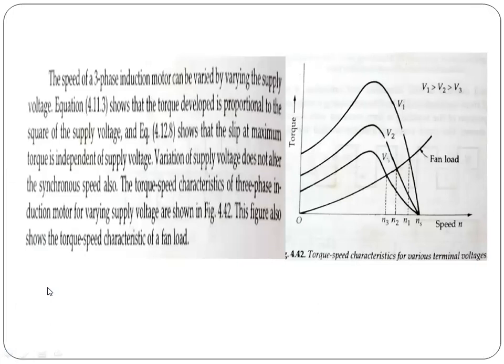The equation we have already developed previously, the equation of torque, is tau equals k s e2 square r2 divided by r2 square plus a square x2 square, and this is basically used with the stator voltage control method.